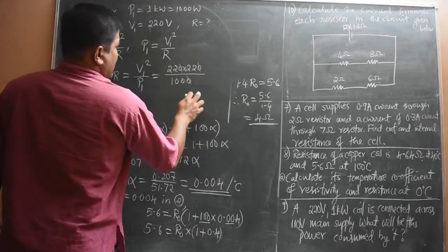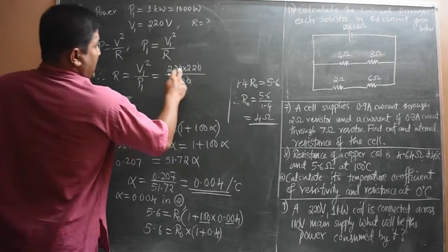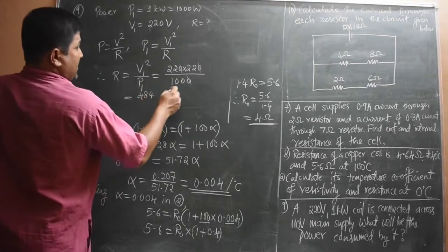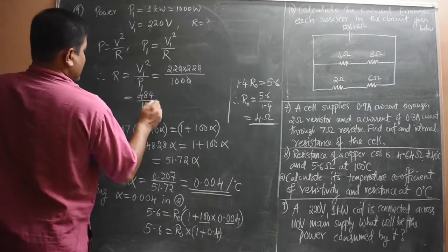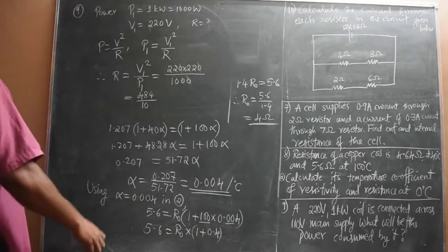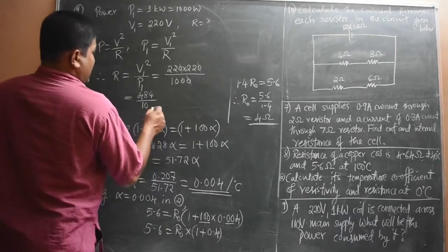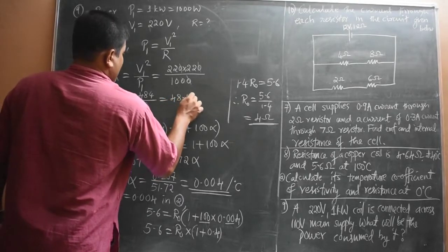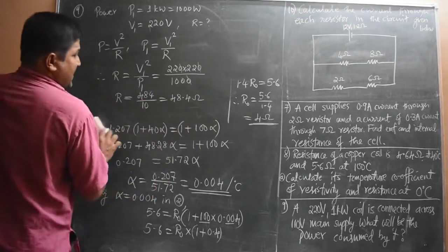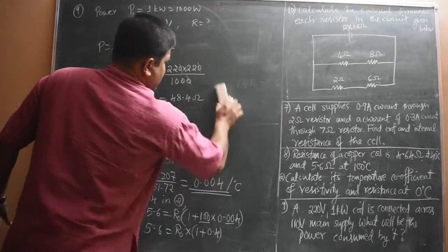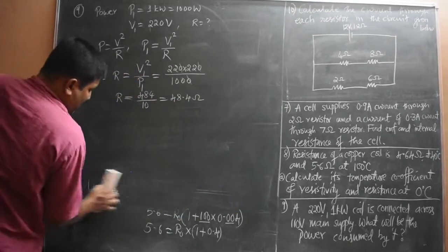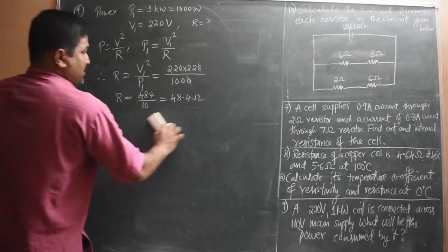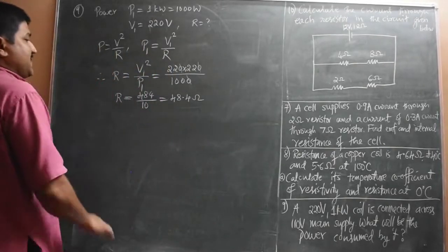So this is 22 into 22, 484 divided by 10, so 48.4 ohm. This resistance will be the same in both situations. Whenever you connect different voltages, the resistance of the coil is a property of the coil. Here we have not changed the temperature, so it will have the same resistance.